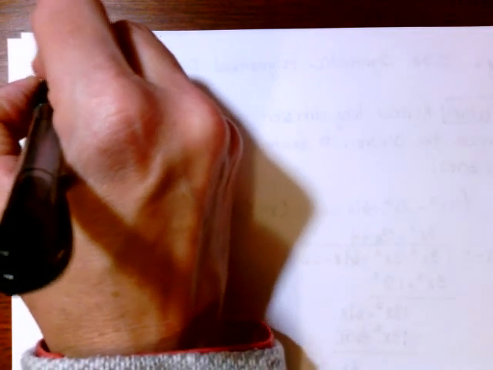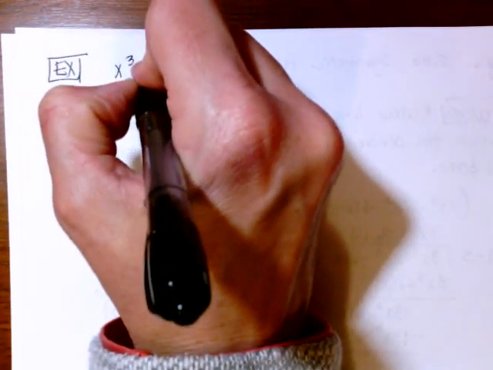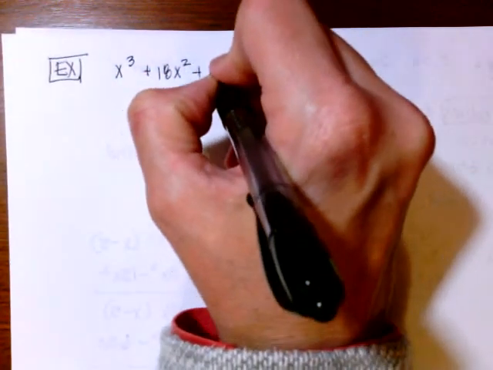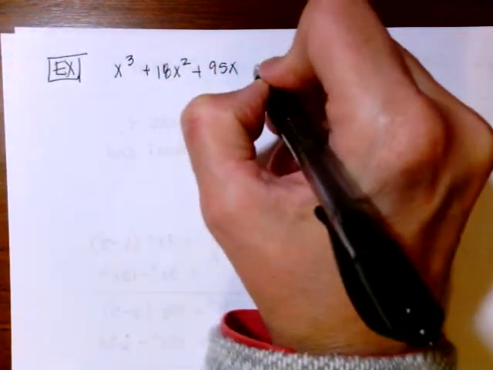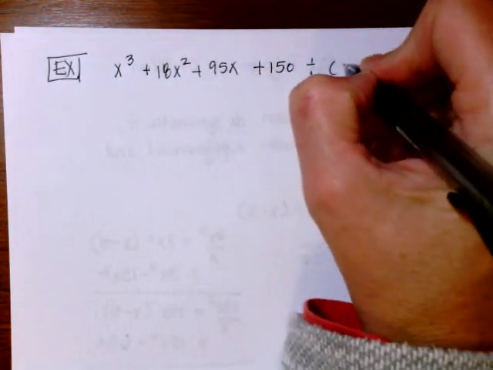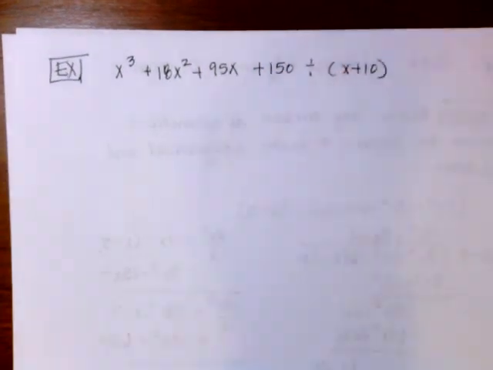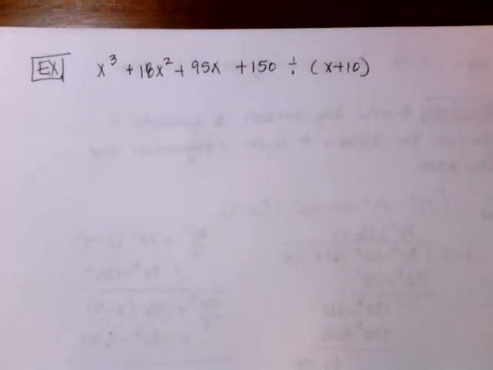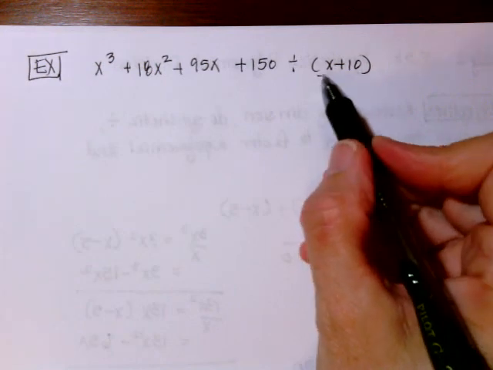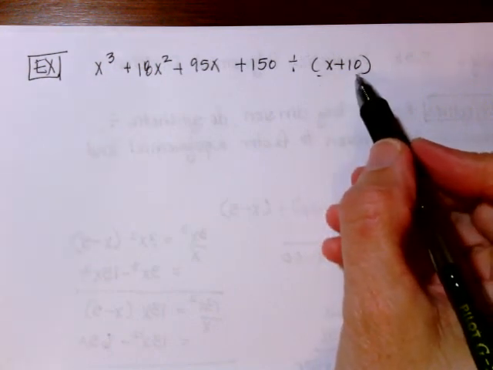Here's your next example. We are going to divide x cubed plus 18x squared plus 95x plus 150 by x plus 10. So I'm going to use synthetic division, because my divisor is linear.